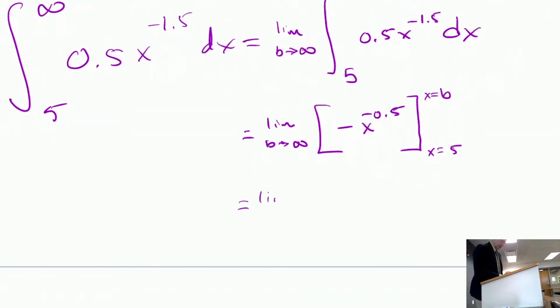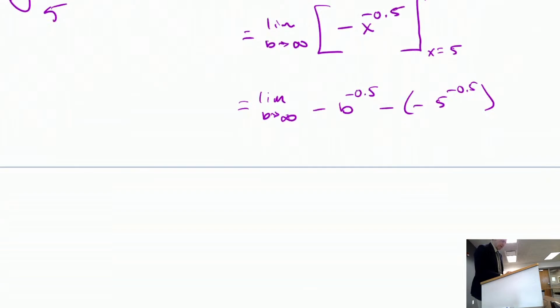And this becomes the limit as b approaches infinity of negative b to the negative 0.5 minus negative 5 to the negative 0.5. Let me write down what this actually means. This is negative 1 over the square root of b.